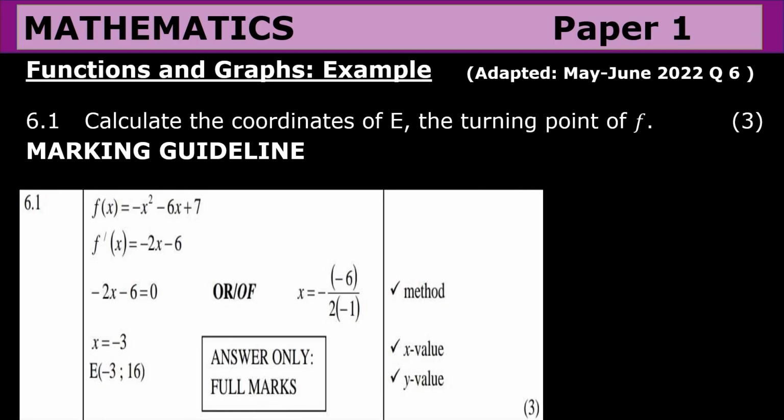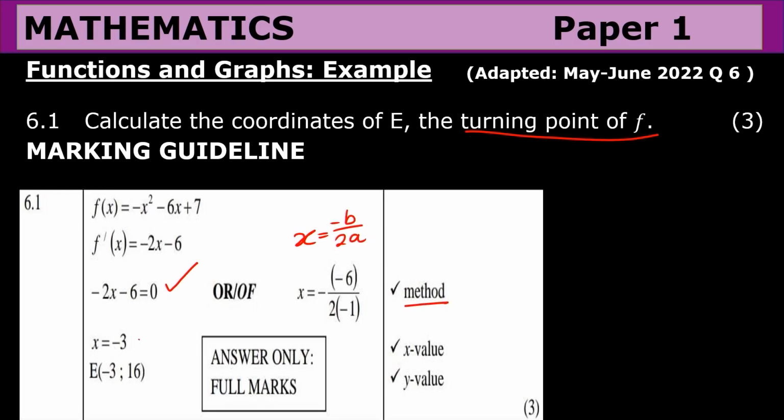The first question says, calculate the coordinates of E, the turning point of f. So where do we get the marks? Well, the first mark is going to go for method. So either you've used the first derivative is equal to 0 to calculate the turning point, or you've used the formula x is equal to -b divided by 2a to get the x value. But whatever method you use, you're going to get a mark for that.